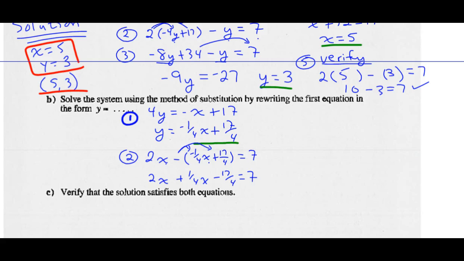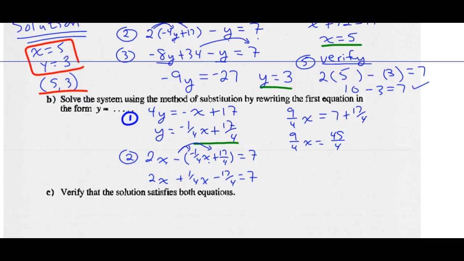So 2x plus 1/4 x, 2 plus 1/4 is 9/4, 2 1/4. So I've got 9/4 x, and I'm going to add 17/4 to both sides, so that equals 7 plus 17/4. So 9/4 x is going to equal 28 and 17 is 45/4.